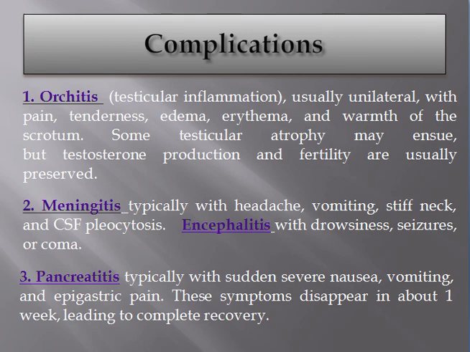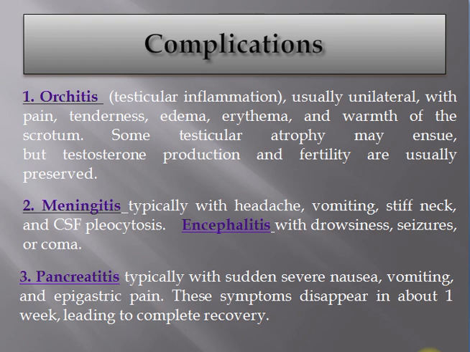About 20% of infected postpubertal males develop orchitis, that is testicular inflammation, usually unilateral with pain, tenderness, edema, erythema, and warmth of the scrotum. Some testicular atrophy may ensue, but testosterone production and fertility are usually preserved. In females, oophoritis or gonadal involvement is less commonly recognized, is less painful, and doesn't impair fertility.